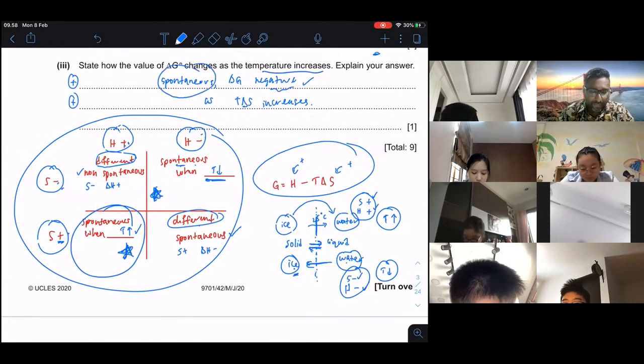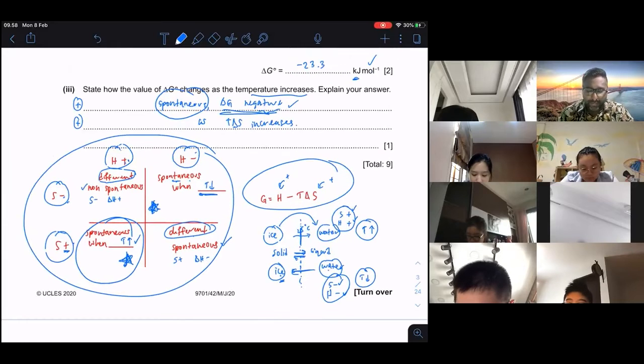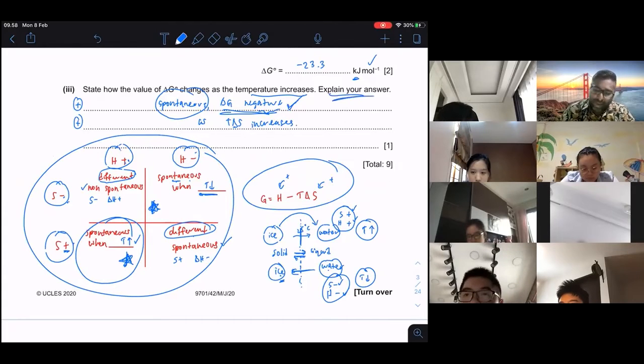So therefore, I know that when temperature increases, my Gibbs free energy will become negative. So they ask you to explain your answer. How do you explain your answer? You need to say when temperature is increasing, your Gibbs free energy is going to become more negative, and then they ask you to explain more.